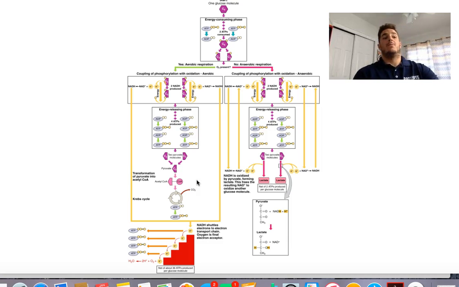So then we have substrate level phosphorylation, which equals two ATP molecules. So the total is 36 ATP molecules.